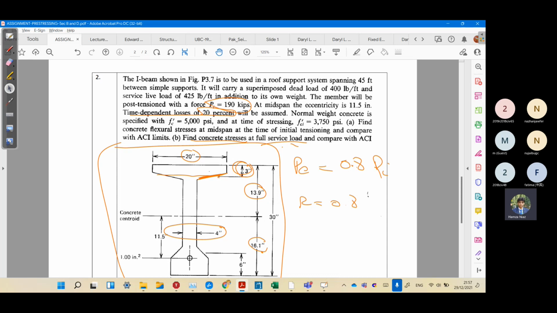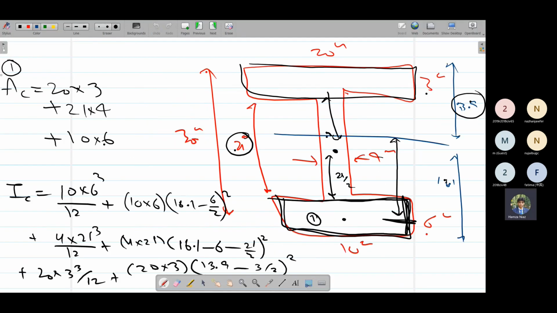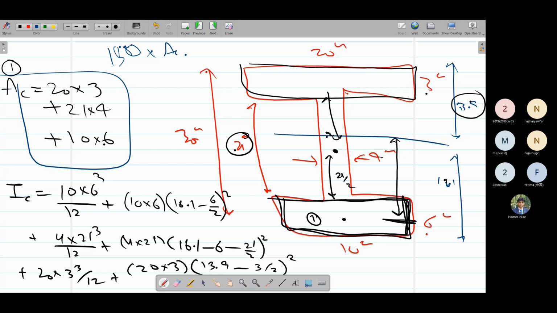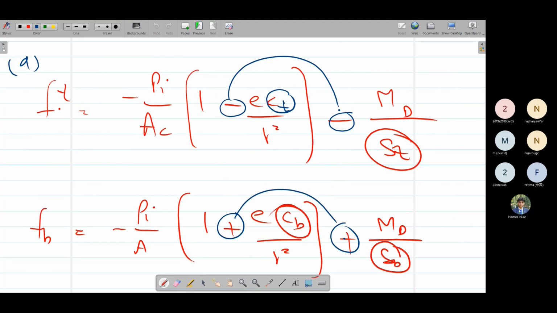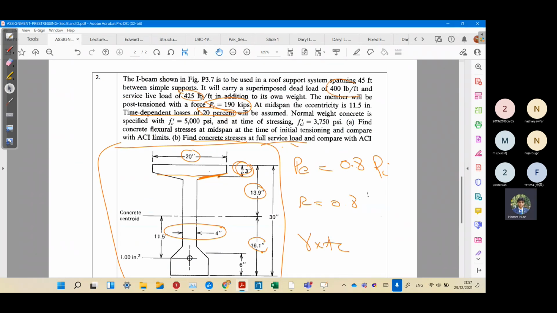And we can calculate MD similarly, with gamma times the area of concrete. Simply by multiplying with gamma, we can calculate the WD. From that, we can calculate MD, and live loads are given, 400 and 425. Similarly we can add them and calculate the total moment.